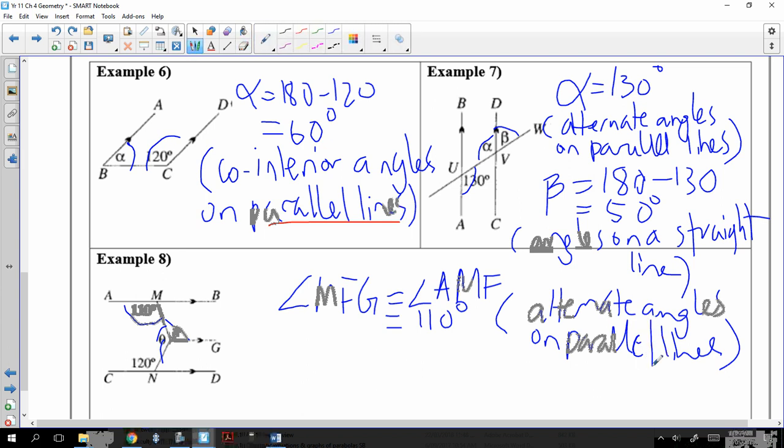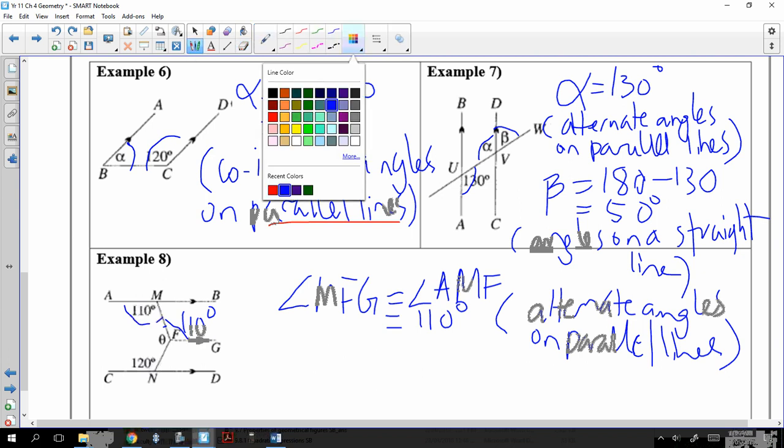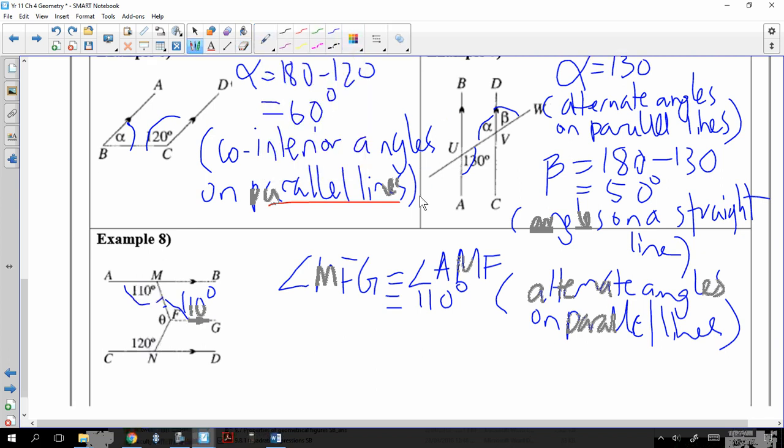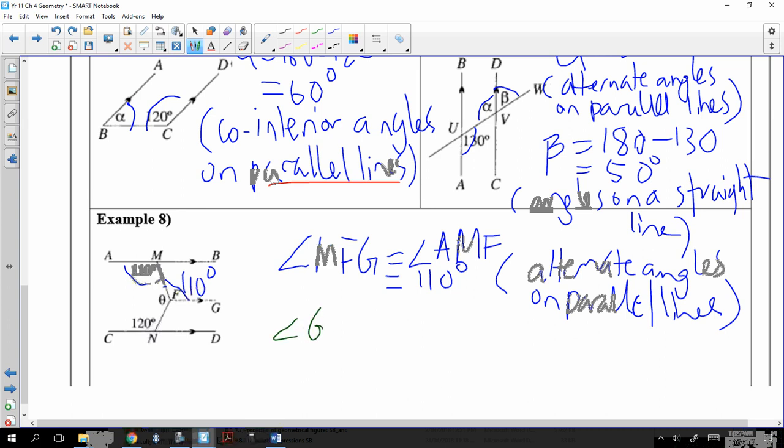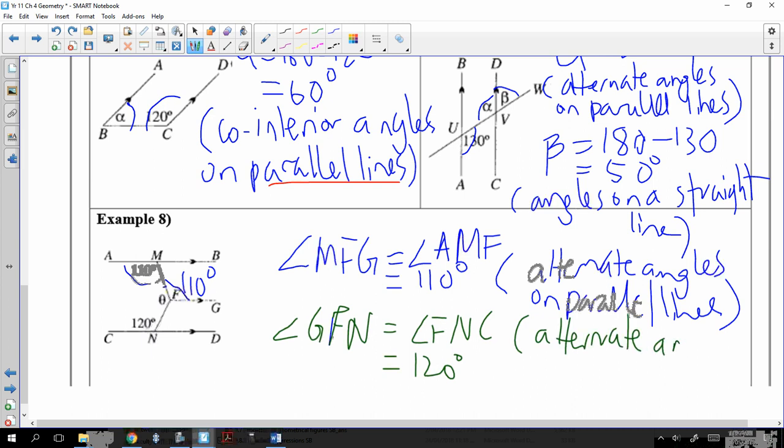You can use it later on. What's another angle we need to find? GFN. Angle GFN equals angle FGC, which is equal to 120. Same reason, alternate angles on parallel lines.